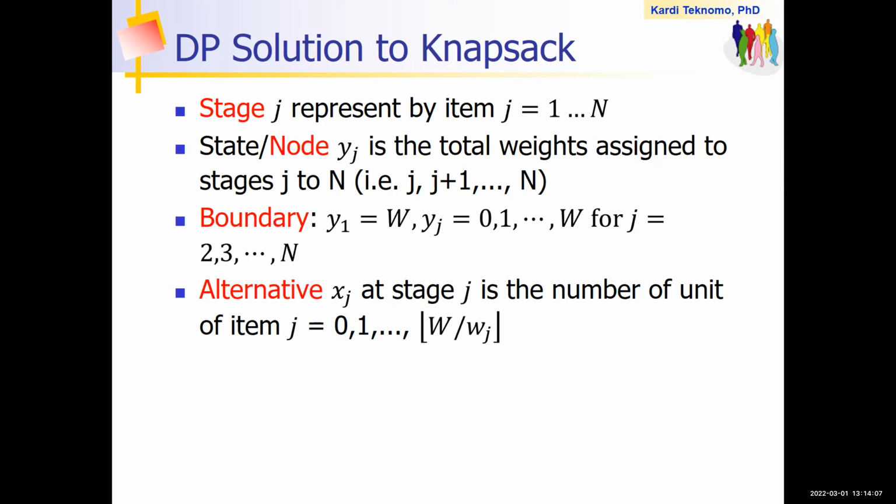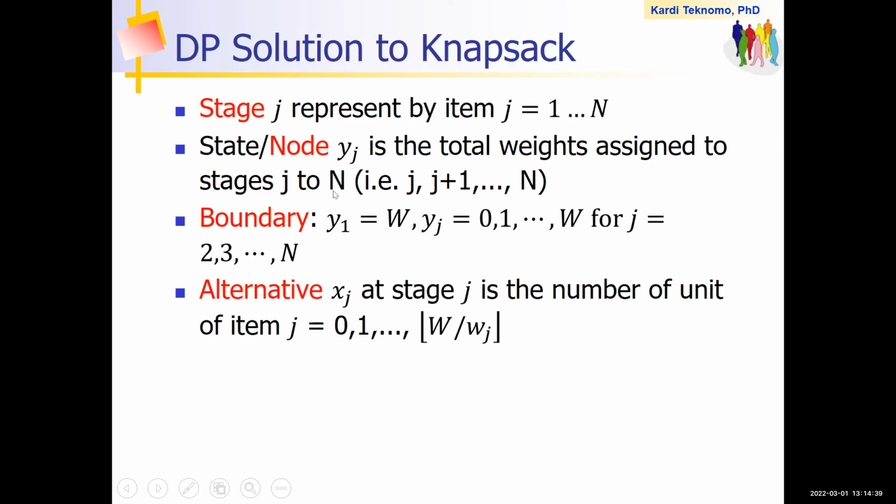Let's discuss the terminology first. In dynamic programming, we have stages and states, right? The stages are represented by the items, so we have n items. And the state, or the node, is represented by the node. Let's call this node yj, the total weight assigned to stages j to n.